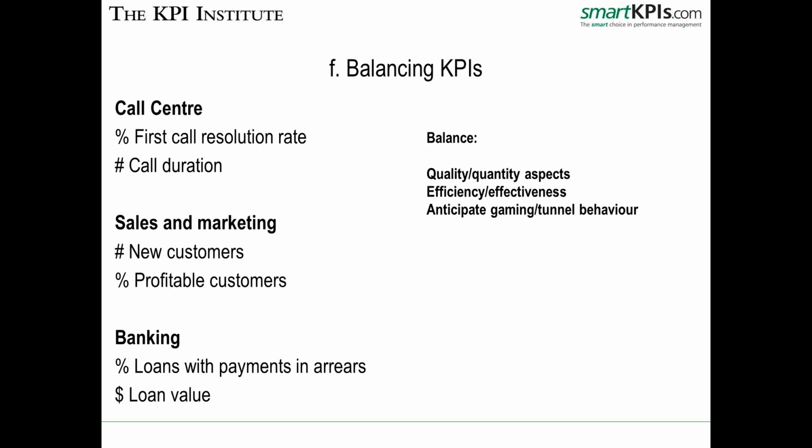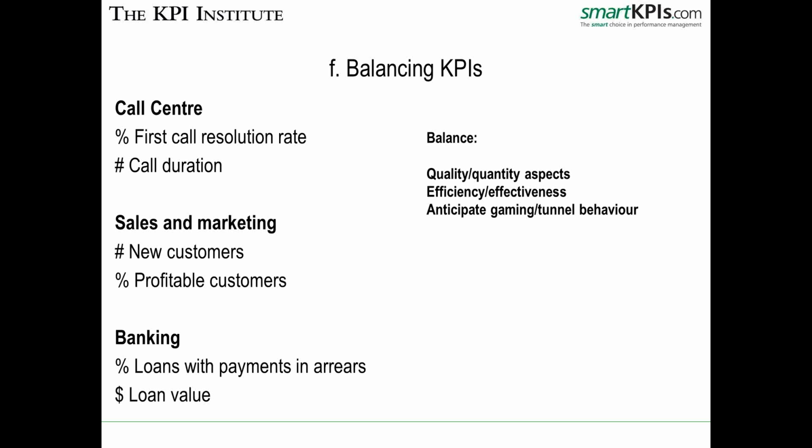In banking, it's all about balancing the loan value and the loan book, how much money we are lending, with the percentage of such loans that are in arrears with payments, where our customers don't pay back. So it's not just about lending people money, but it's also about ensuring they have the financial resources to pay back.